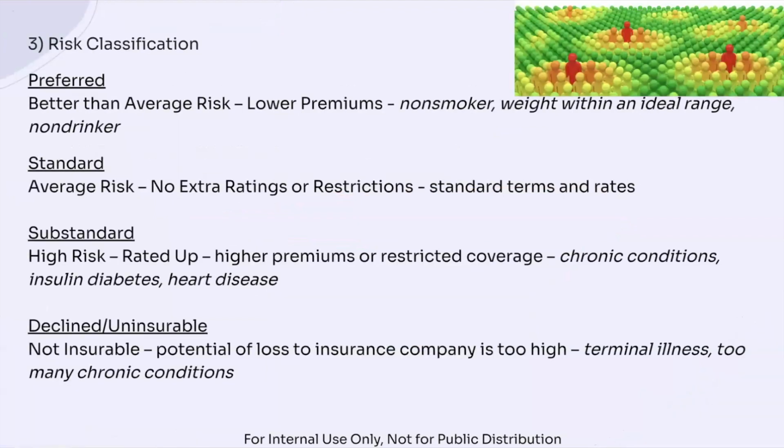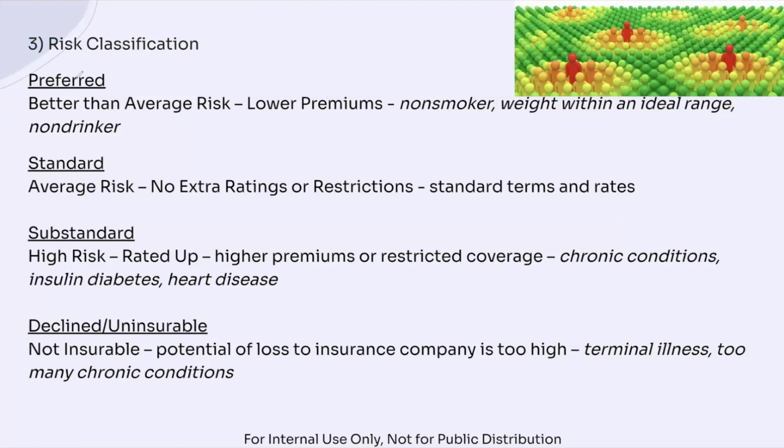So first category is preferred, right? So these are for individuals that have better than average risk. So they pay lower premiums. And for example, they might be non-smokers, their weight might be within the ideal range, they're not a drinker, they haven't had any major diseases or chronic diseases. So with this, they would have preferred risk classification.